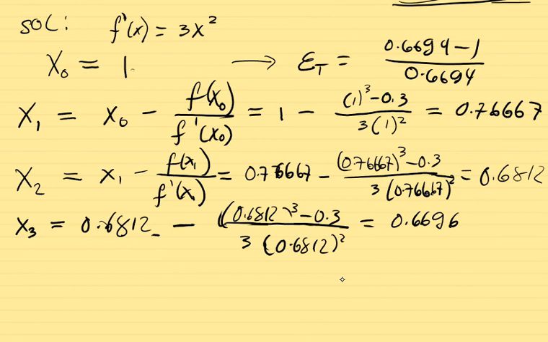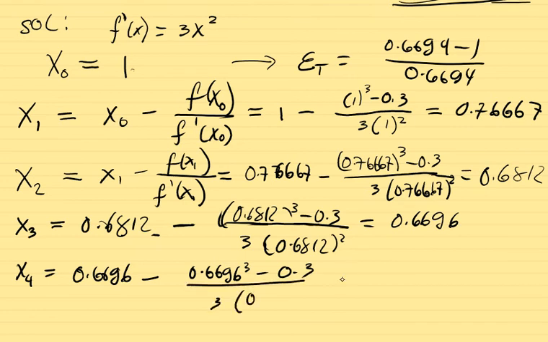Then we go for the fourth iteration, so this will be 0.6696 minus 0.6696 cubed minus 0.3 divided by 3 times 0.6696 squared.